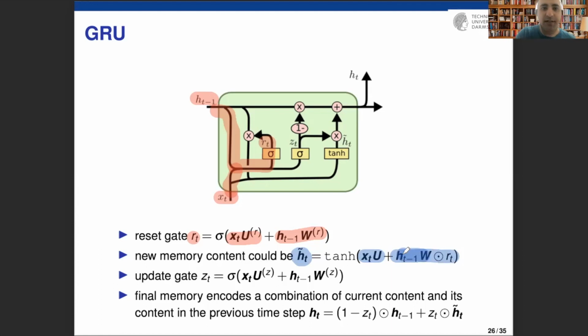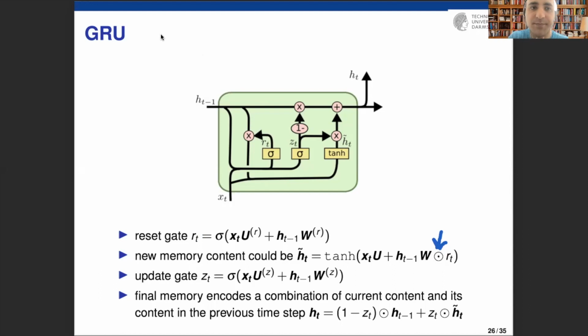This sign here is point-wise multiplication.